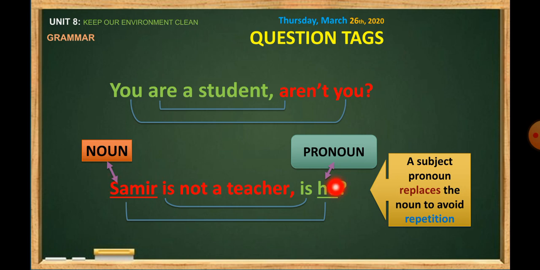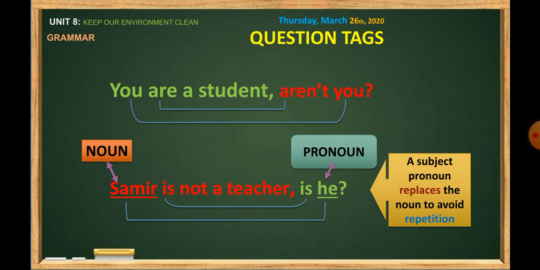But here, what did we use? We used the subject pronoun he. Why? Because the rule says a subject pronoun replaces the noun to avoid repetition. We use a subject pronoun like he, she, etc. A subject pronoun takes the place of the noun to avoid repetition.